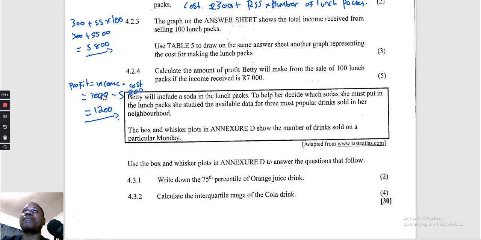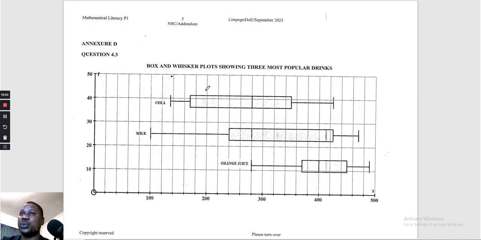Now let's look for the first question. The first question says, write down the 75th percentile of the orange juice drink. Let's go to orange juice. We need the 75. I want to name something very clear for you guys. This is the minimum. This is Q1. This is Q2.